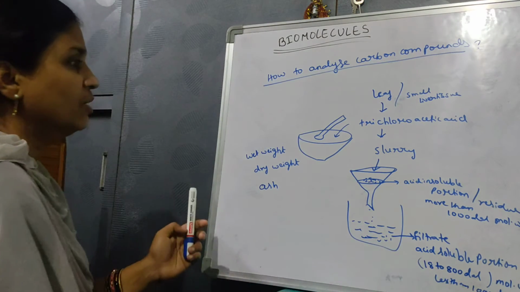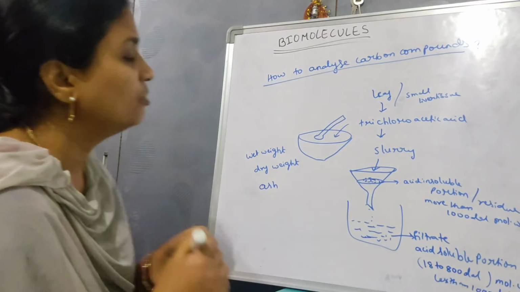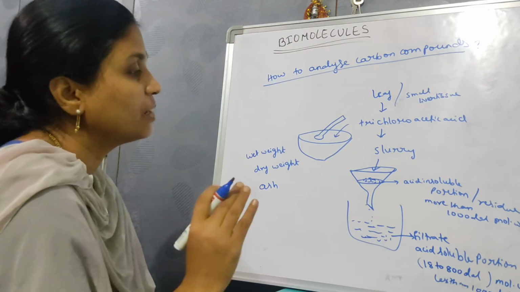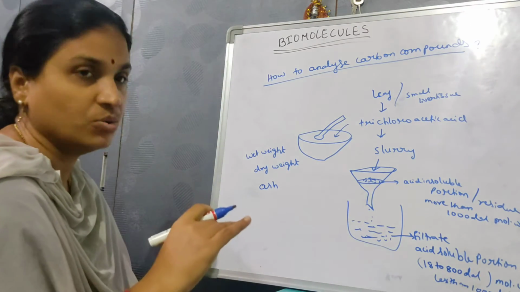Coming on to this portion now. This acid insoluble portion is going to have substances of molecular weight more than 1000 daltons.